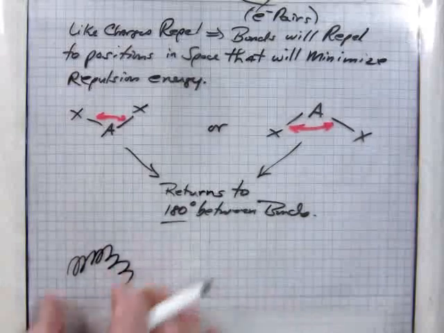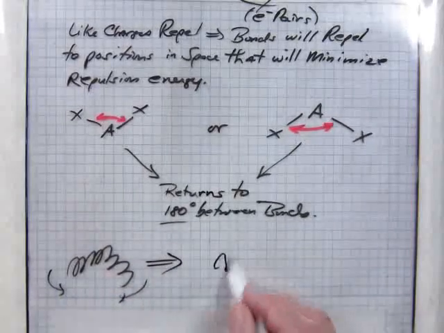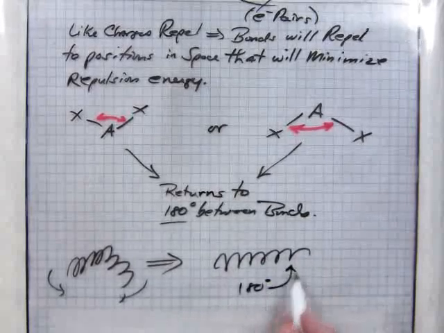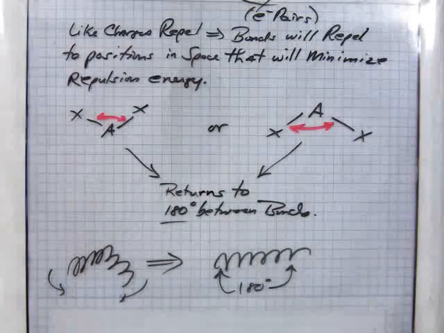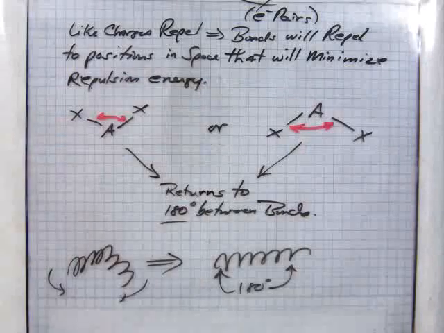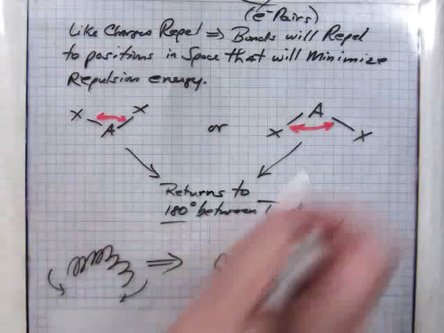If you bend it and then turn it loose, it will return to a horizontal position. This is kind of an analogy that you might be able to relate to more easily than the idea of structural repulsions. It acts like a spring. It goes back to a straight line or a 180-degree angle between the bonds.